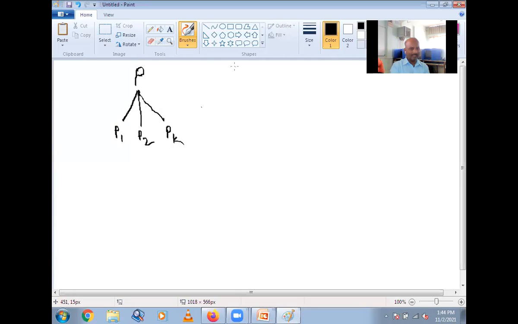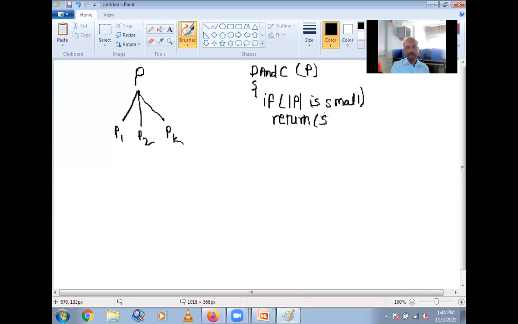So while writing the divide and conquer algorithm for problem P, first you should check if the problem is small, then return the solution of this problem.